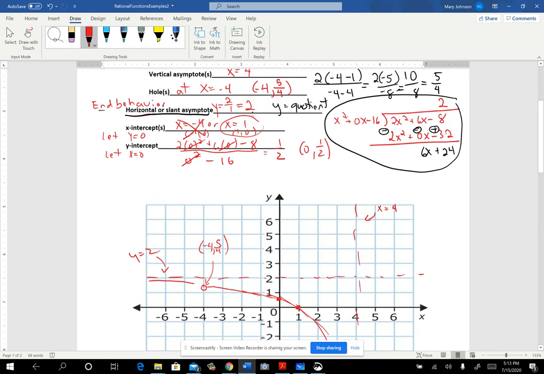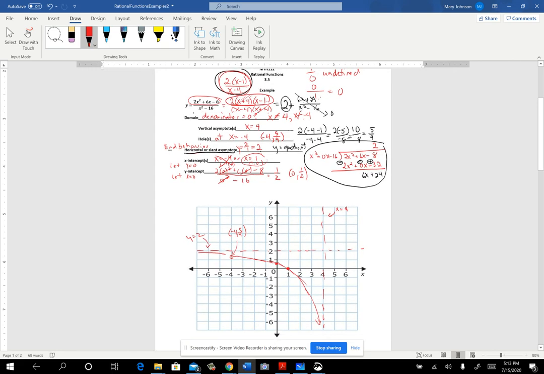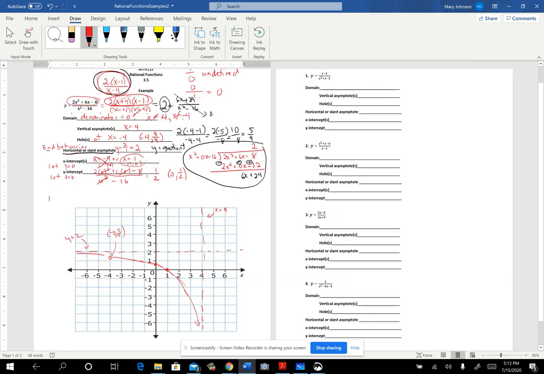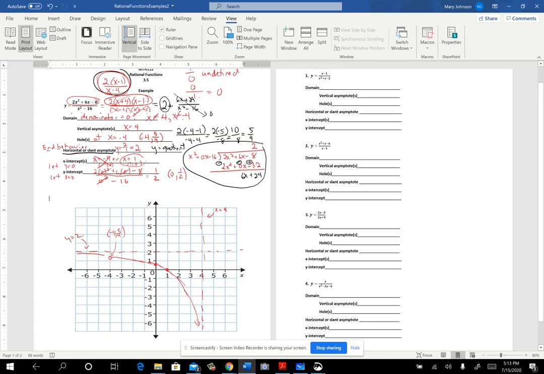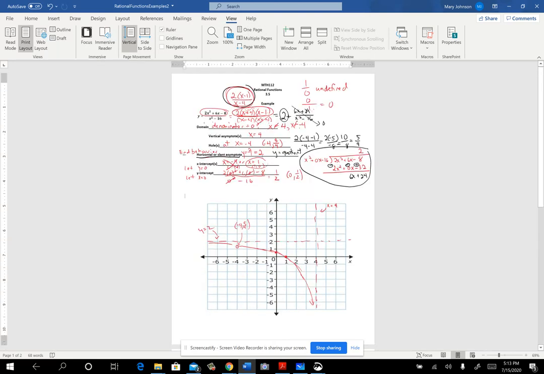Now, if you really want that to be more accurate, don't forget that you could go back to the original. If you wanted to pinpoint that better, you could go back and just think about plotting points. We're just trying to get a sketch without having to plot so many points. So I could plug a 3 in.